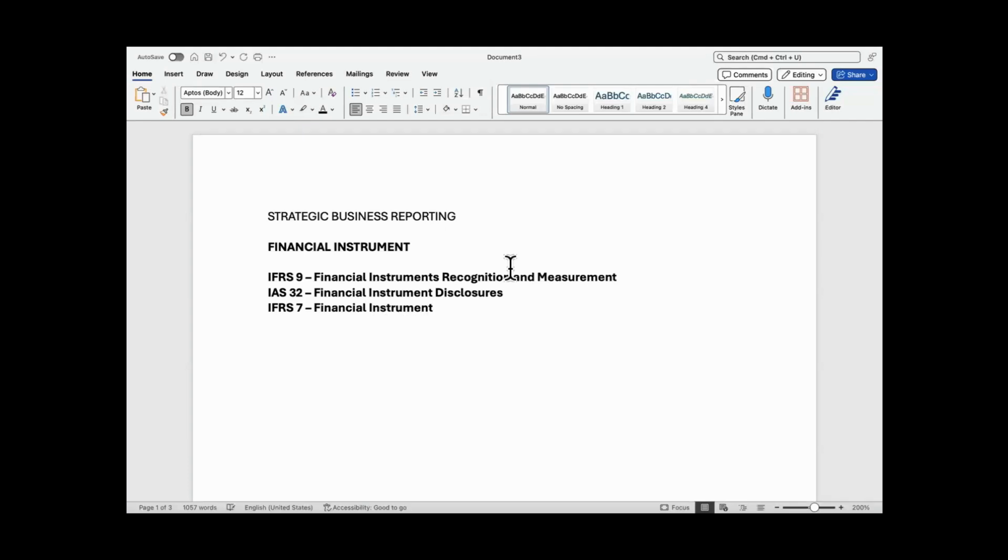Financial instruments, sorry, IAS 32 is financial instruments presentation. IFRS 7 is financial instruments disclosures. So these three standards would help us to understand financial instruments.